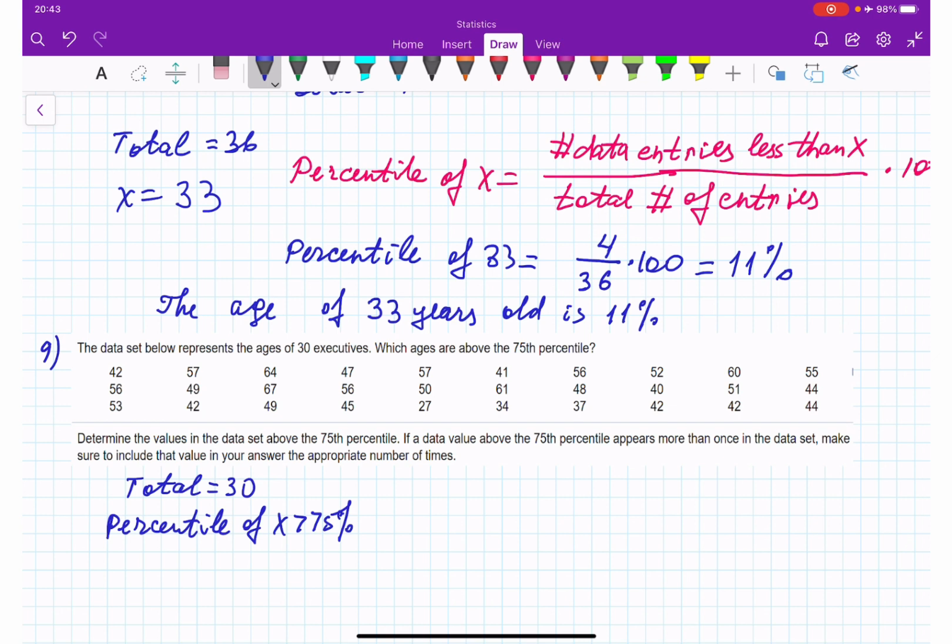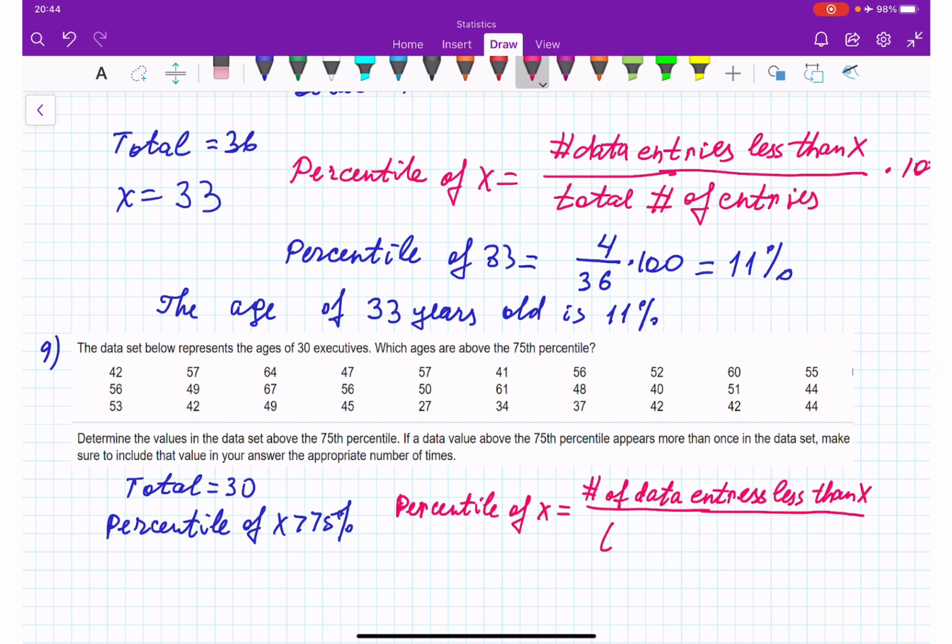So again, the formula is going to be: percentile of X is equal to the amount of data entries less than X, divided by the total amount of entries, and times 100.